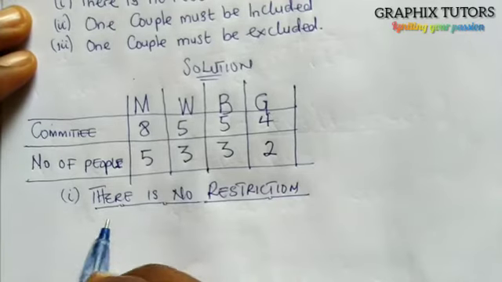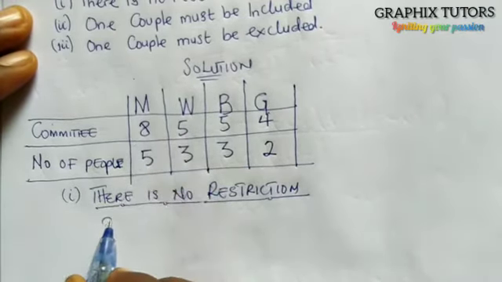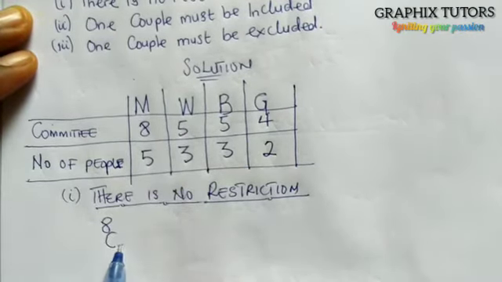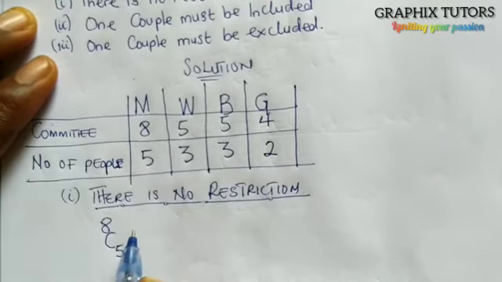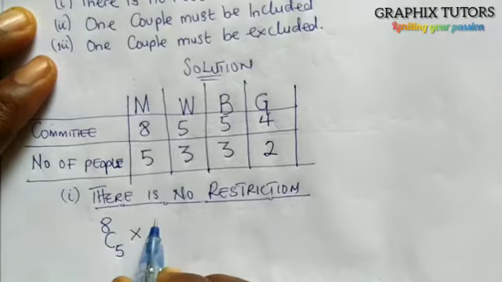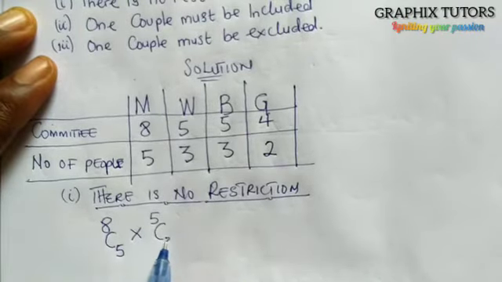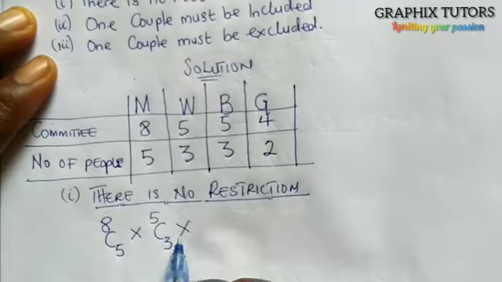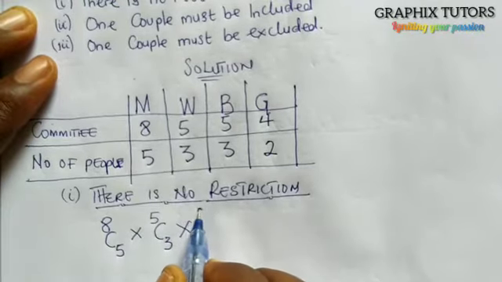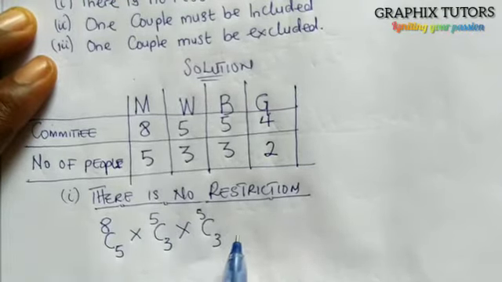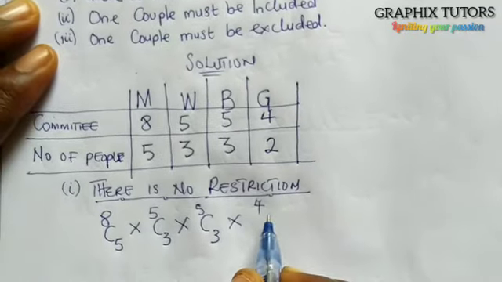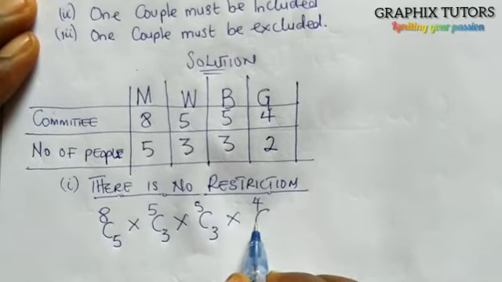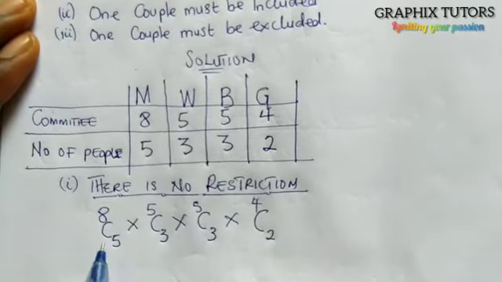Now, with no restriction it will be 8 combination 5, that is for men, right? The combination of men multiplied by the combination of women, multiplied by the combination of boys, and multiplied by the combination of girls, right?